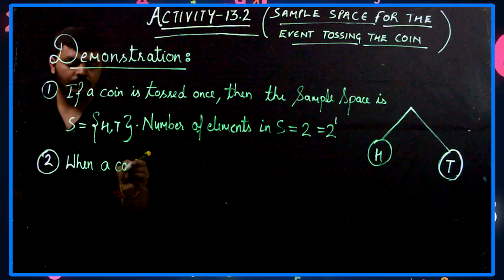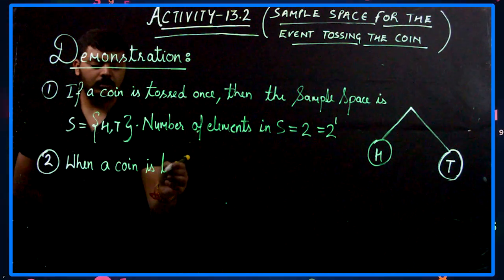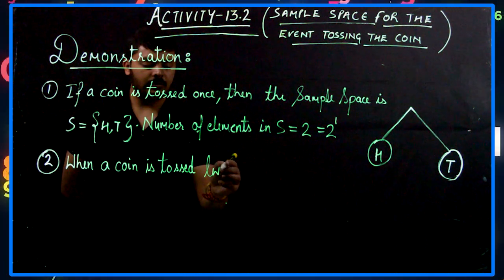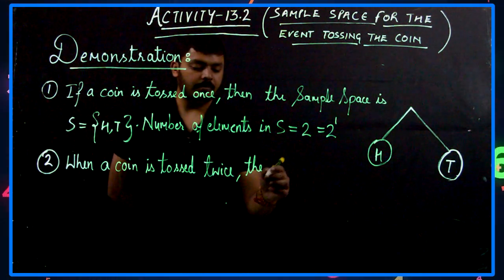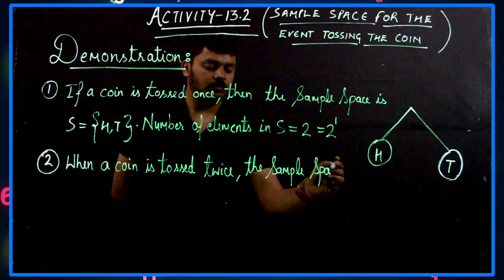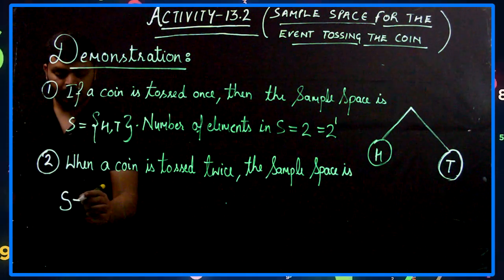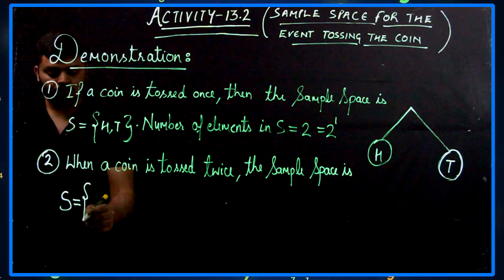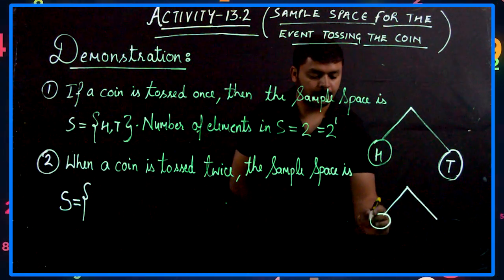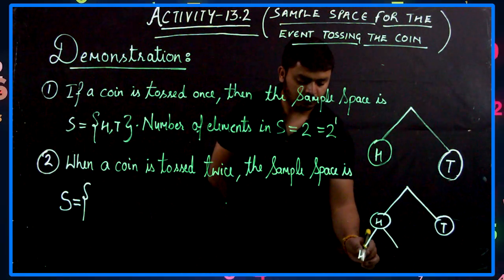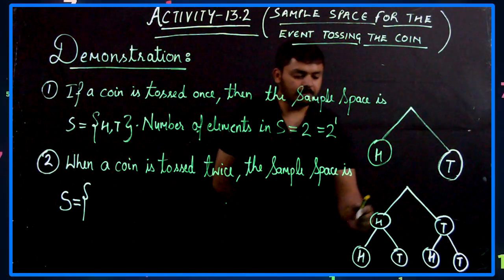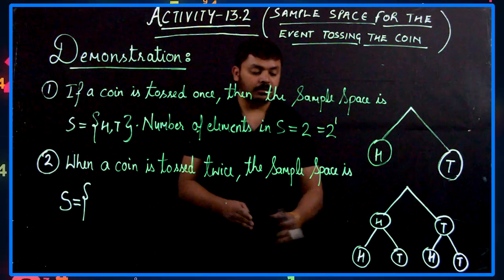When a coin is tossed twice, the sample space is S equals, so when a coin is tossed twice, this is the tree structure to represent the outcomes.